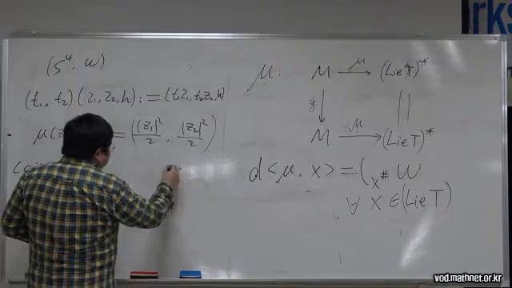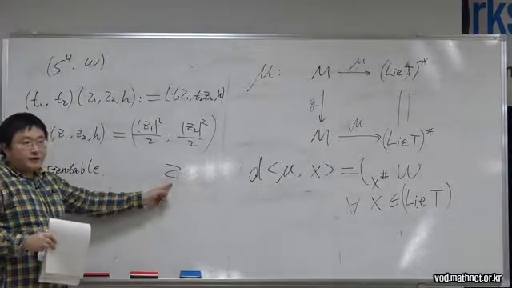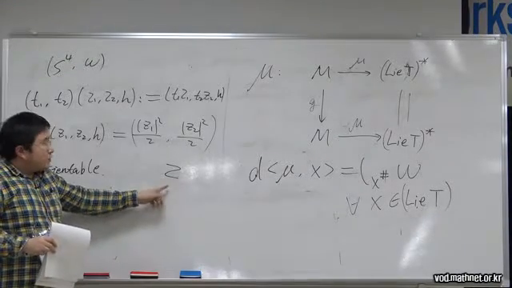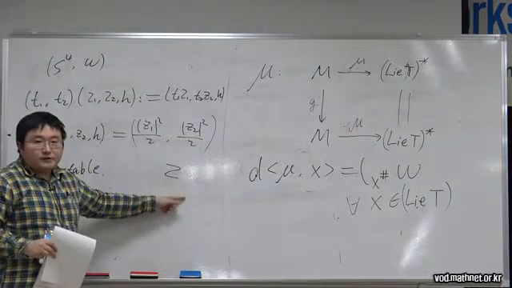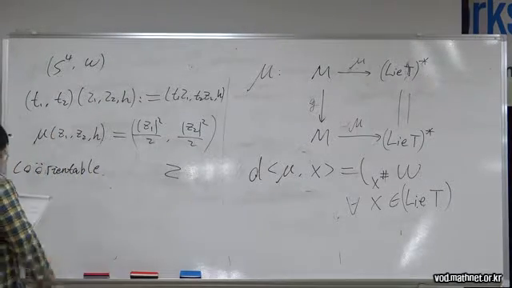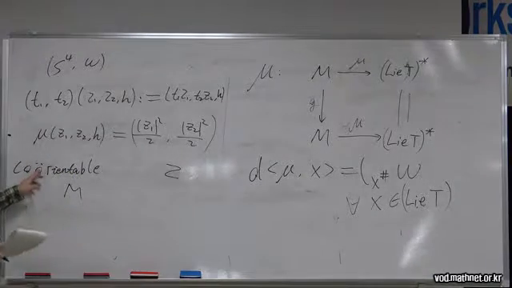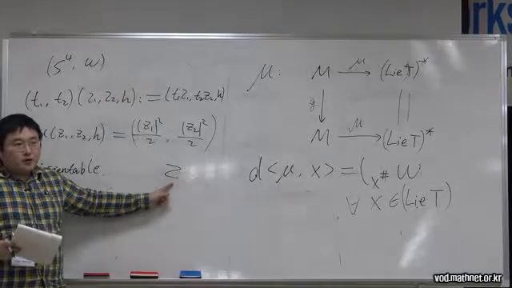Just now we have a vanishing subset Z. Usually this is not connected, so it has many components. We say M is co-orientable if each component of Z has an orientable neighborhood.